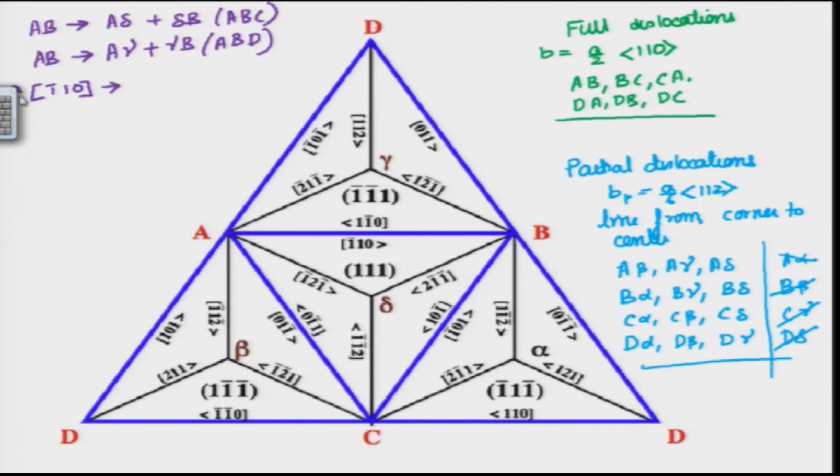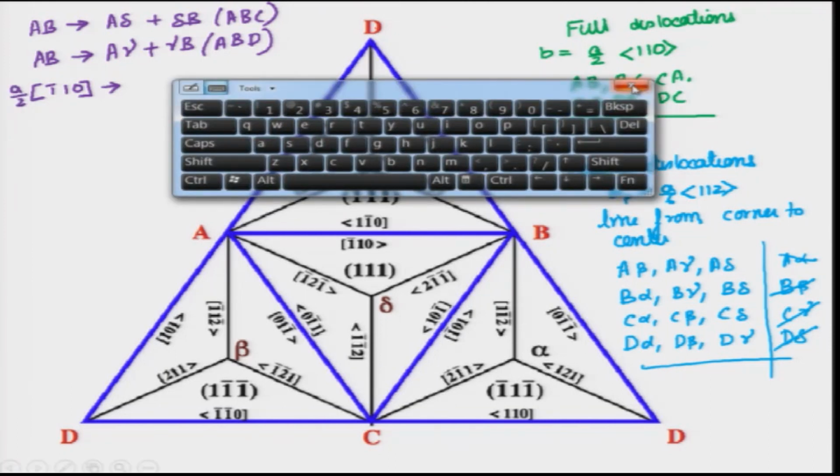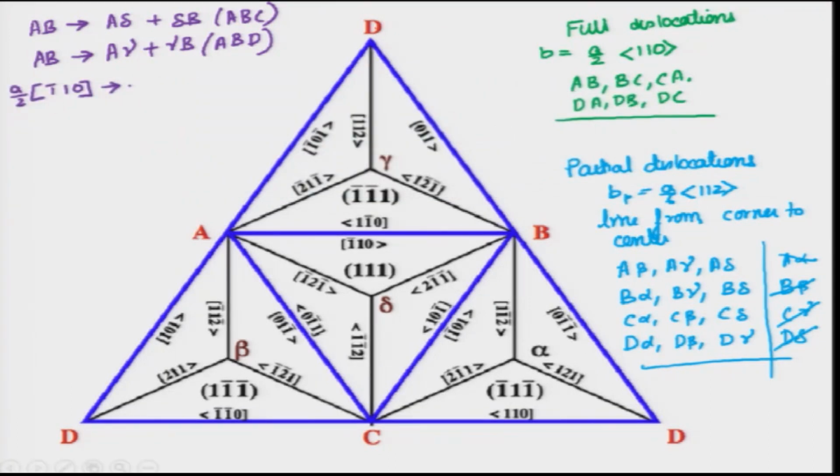So, this is a by 2, and this will dissociate into a by 6, this is along the right direction, so I will take it as it is. So, this becomes bar 2 1 bar 1 plus I have to take the negative of this again, because it is showing in this direction, plus a by 6 bar 1 bar 2, sorry not bar 2, this is 2 1. So, this is the same reaction as this one.